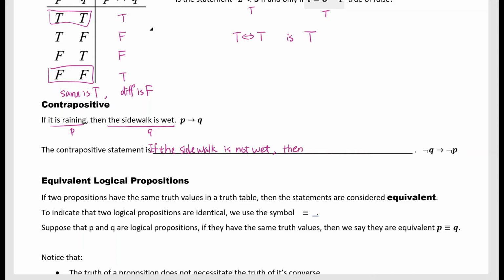And then not P, right? So it is not raining. All right, so this is the contrapositive statement: if not Q, then not P.